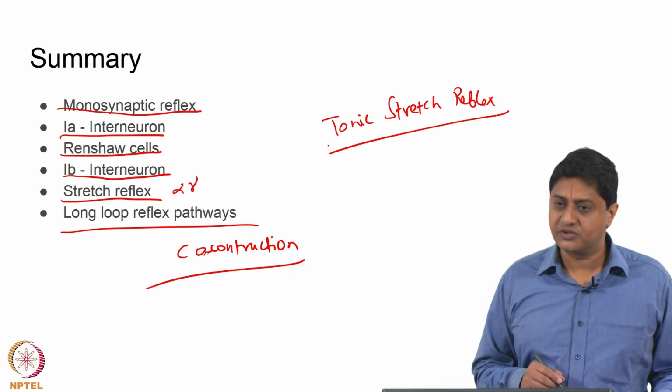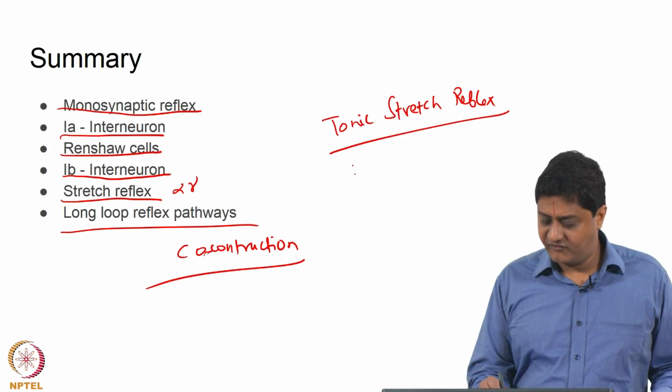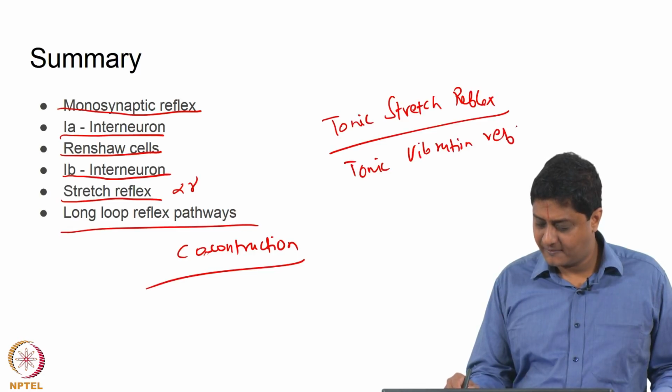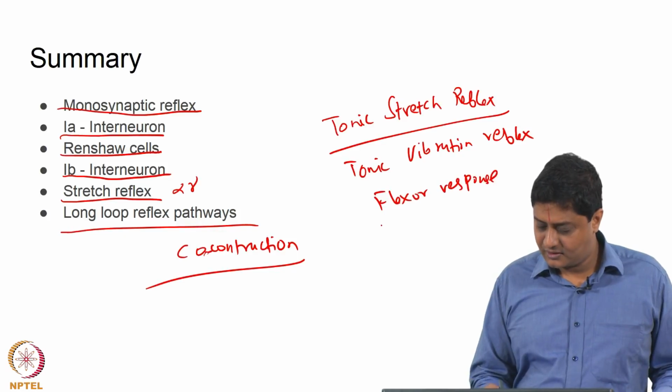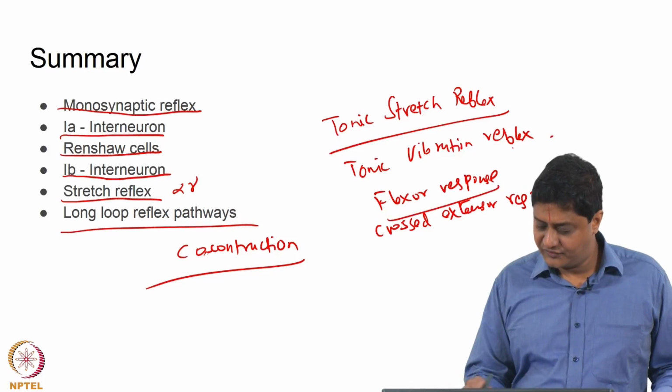What is tonic about the tonic stretch reflex? And the tonic vibration reflex. We had to discuss once again the flexor response and crossed extensor response. These we will do in future classes.